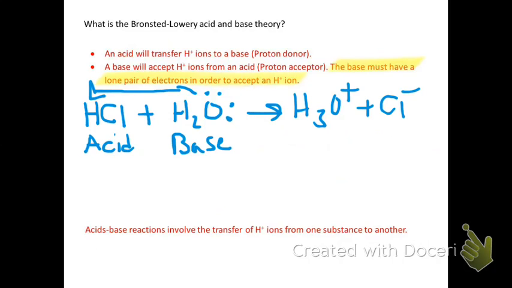That is critical for you to understand. All bases, in order to accept a proton or an H+ ion, must have at least one lone pair. And water, because it has two lone pairs, is able to accept the H+ from the acid, and in this case acts as a base to form the hydronium ion and the chlorine ion.